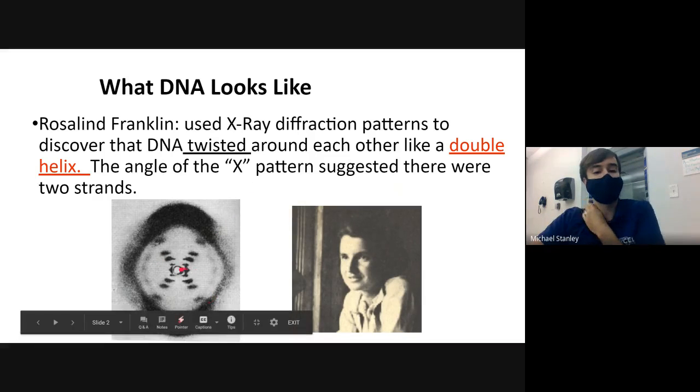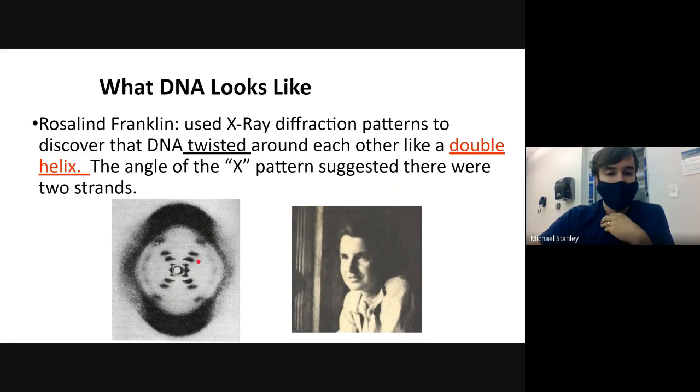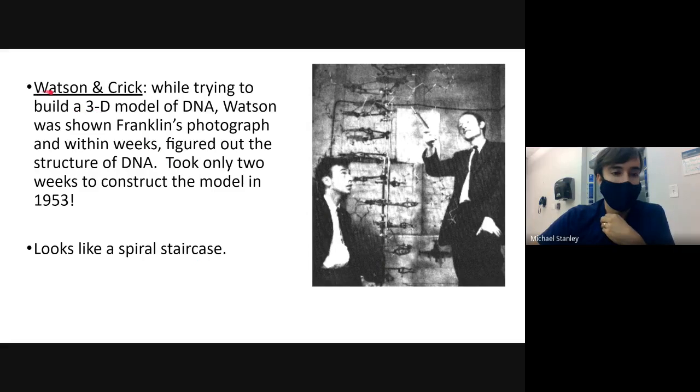But it was thanks to Rosalind Franklin's picture that two other scientists named Watson and Crick were able to construct a 3D model of what DNA looked like. They did this in 1953 and would eventually, in I think 1959 or 1960, win the Nobel Prize in medicine for determining the structure of DNA.